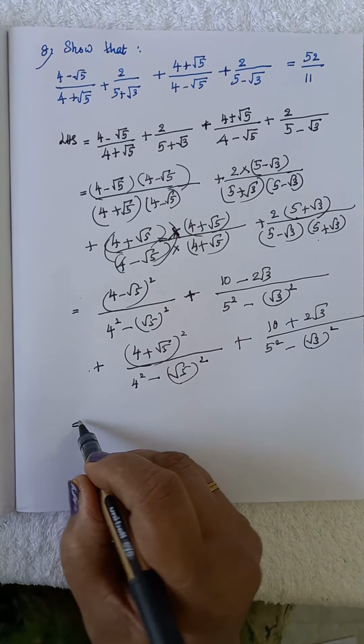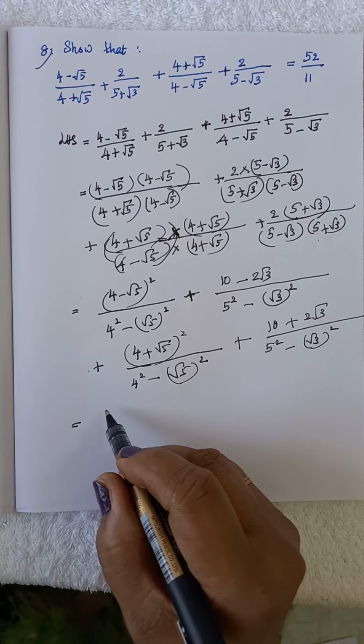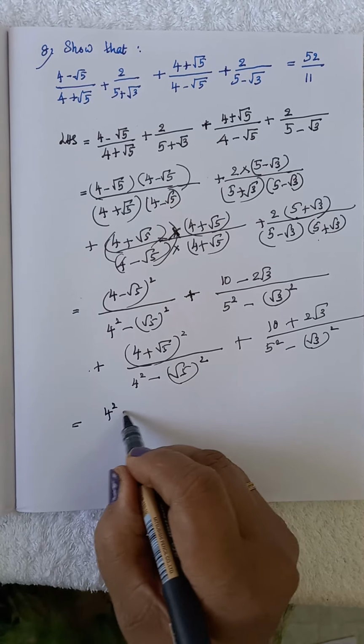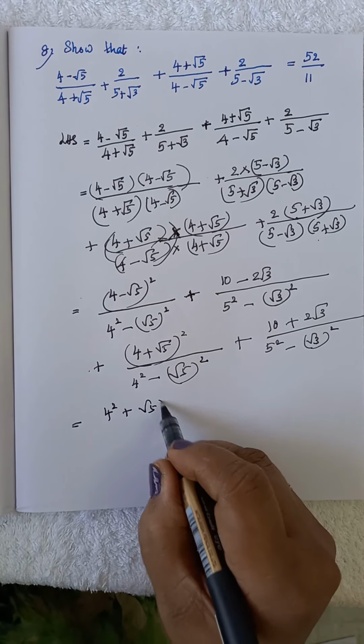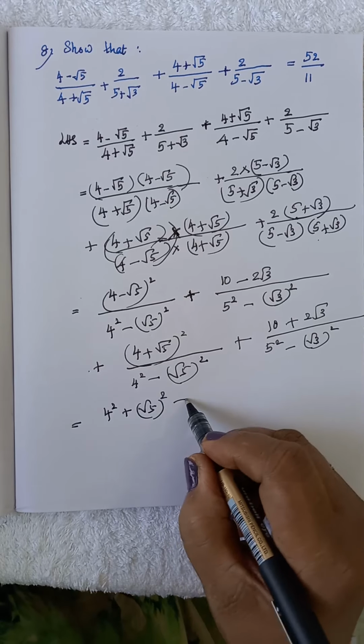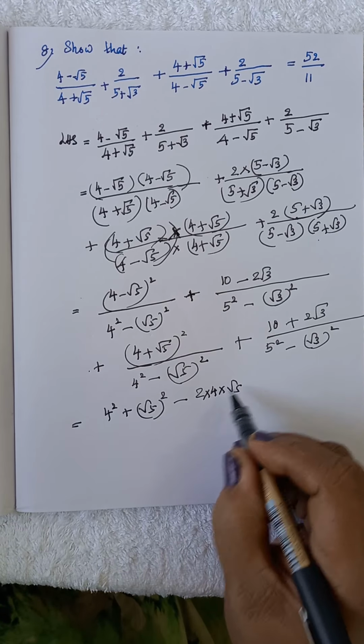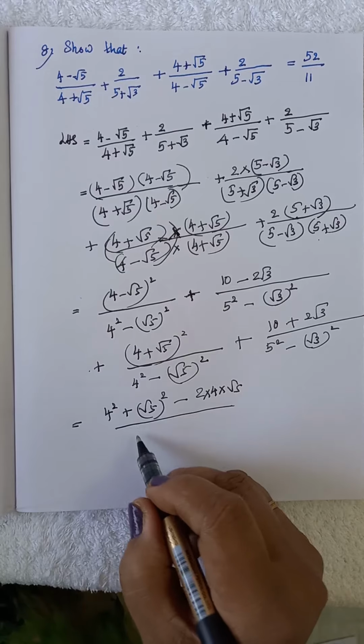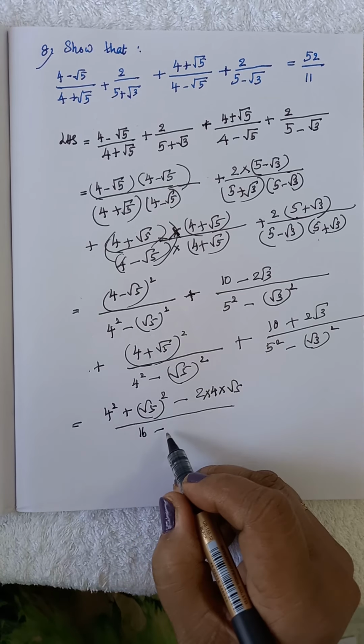Now this is equal to a minus b whole square form. So a square, that is 4 square plus root 5 square, minus 2 into 4 into root 5 divided by 4 square is 16 minus root 5 square is 5.